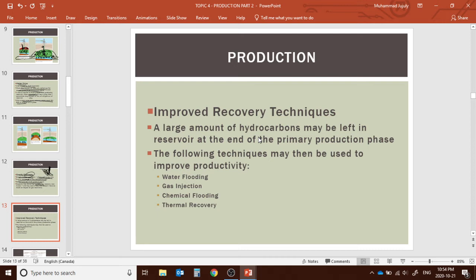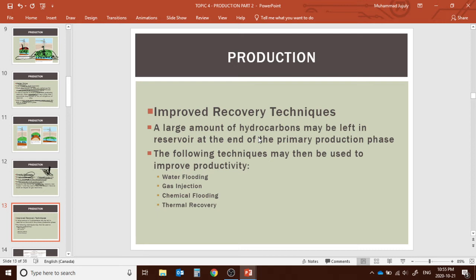A large amount of hydrocarbons may be left in the reservoir at the end of the primary production phase if the improved recovery techniques cannot be taken. And also there are some reservoirs where you cannot use the natural flow, like the natural depletion, okay. You cannot do that. For instance, the tar sand, as I explained before, okay. So you have to use improved recovery techniques.